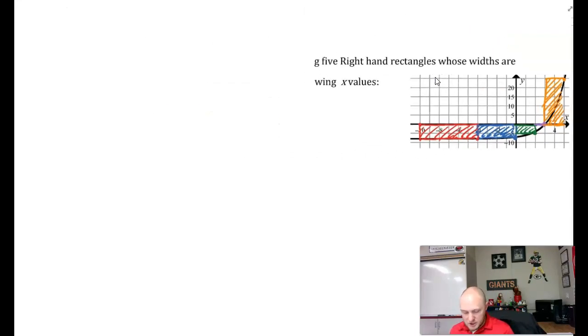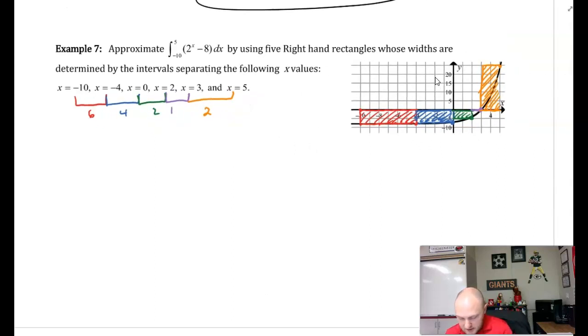Okay, so we want to calculate what that value is. So let's go ahead and do some computations.